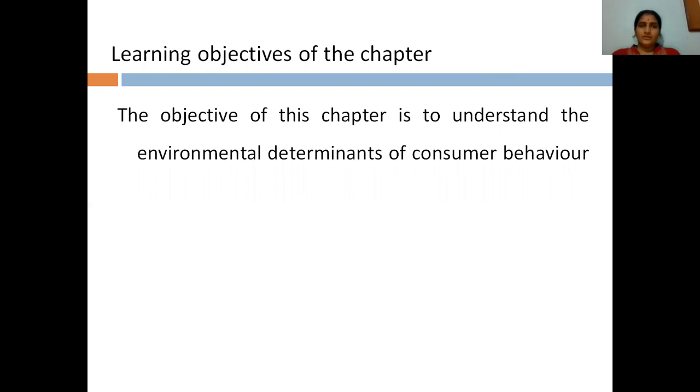So the learning objective of this particular chapter is to understand the environmental determinants of consumer behavior, how the environment plays an important role in shaping a particular consumer's behavior.